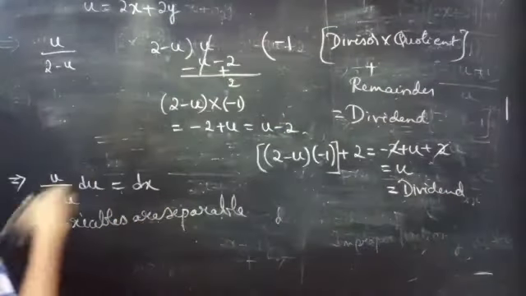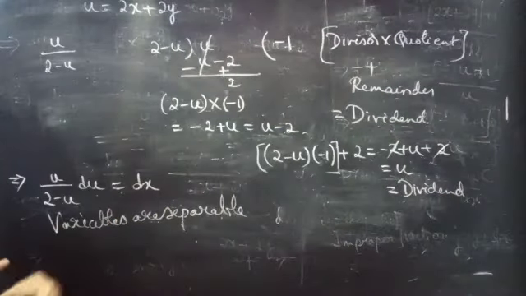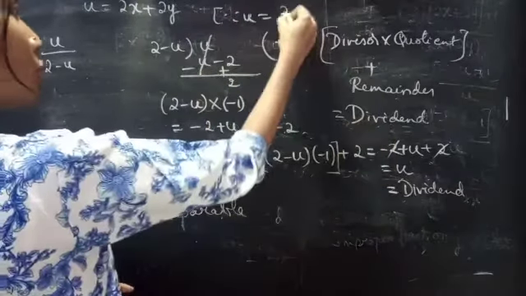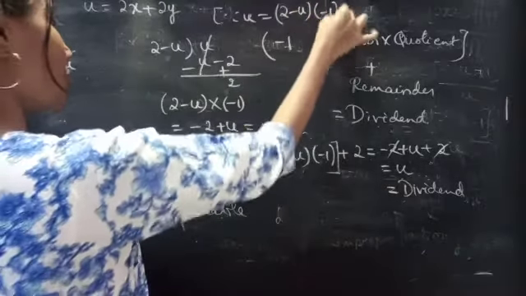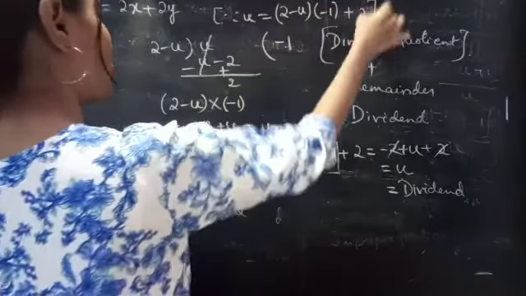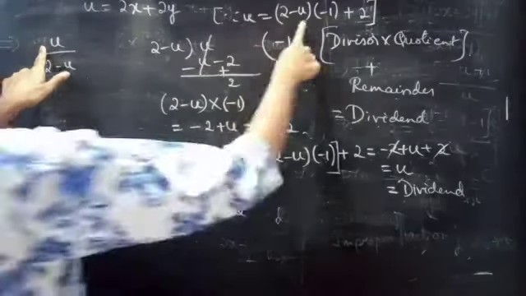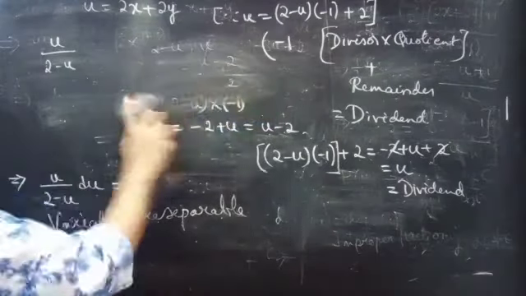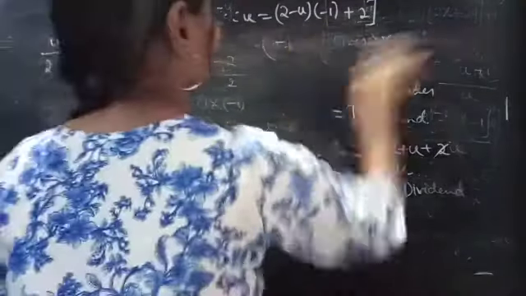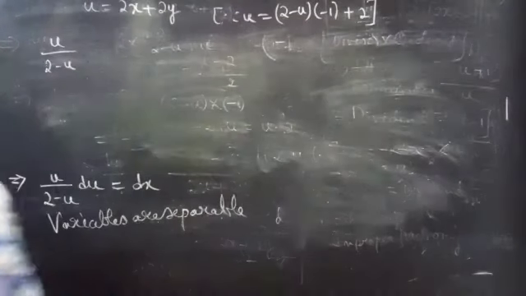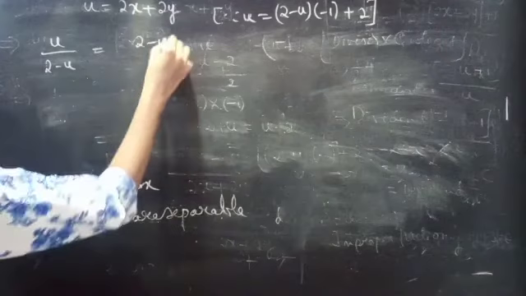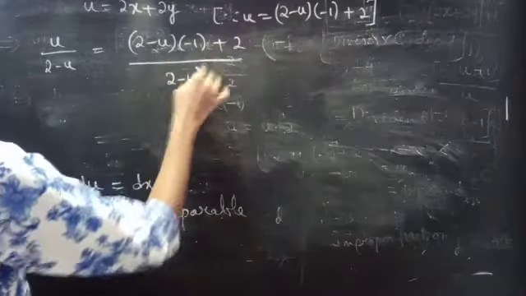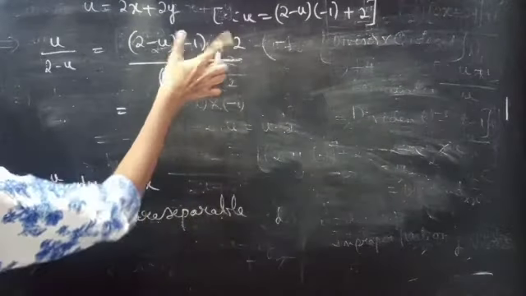Right? Since u equals 2 minus u into minus 1 plus 2, if you replace this u by this, then we'll get... you can split the fraction into 2 since you are having 2 terms in the numerator.